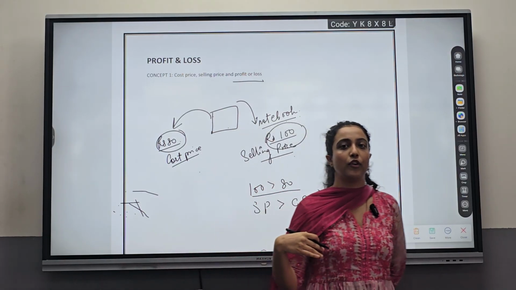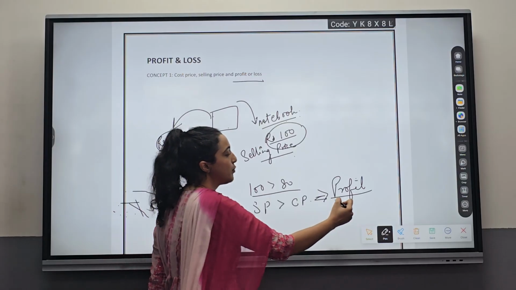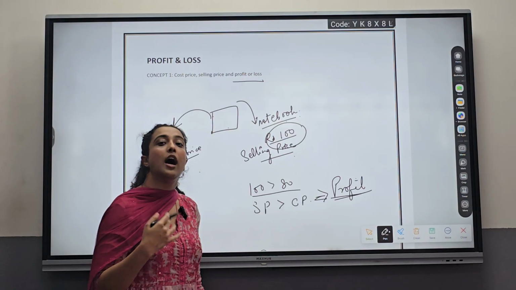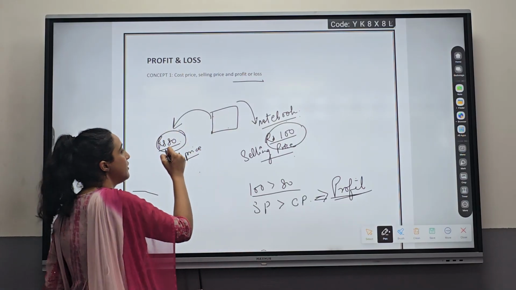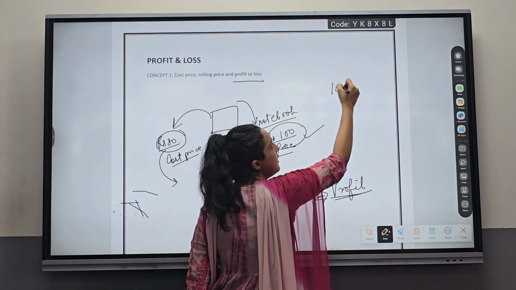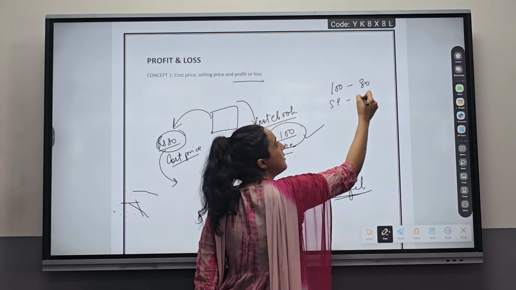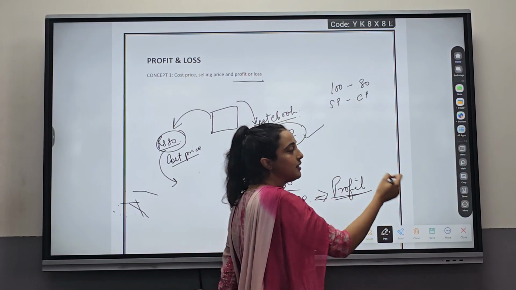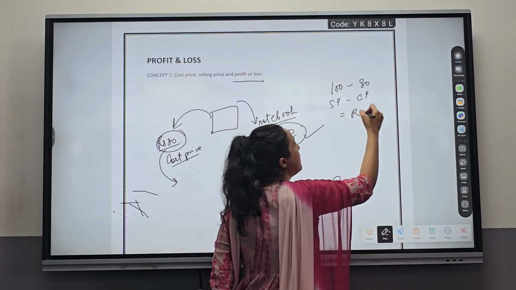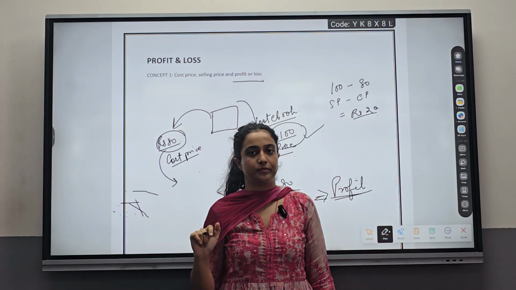Because you purchased it for less amount, you sold it for more. So that means you got a profit in this transaction. And how much profit? That is 100 minus 80, which is selling price minus cost price, that is ₹20. This will be your profit in this transaction.